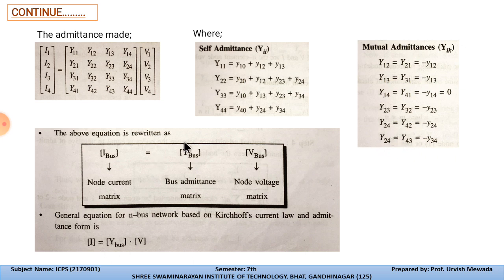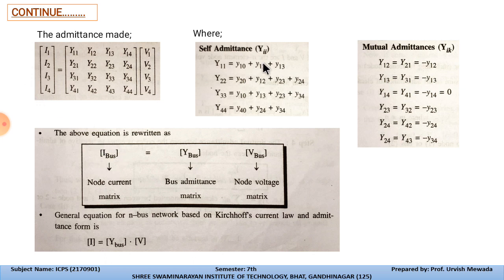So from the above equation, it is written basically as I is equal to Y V. This is the formula for the Y bus, sorry, admittance, as we know that Y is equal to I by V. From that, this is the matrix of currents of the respective buses, and this forms one matrix, that is why it is called I bus.